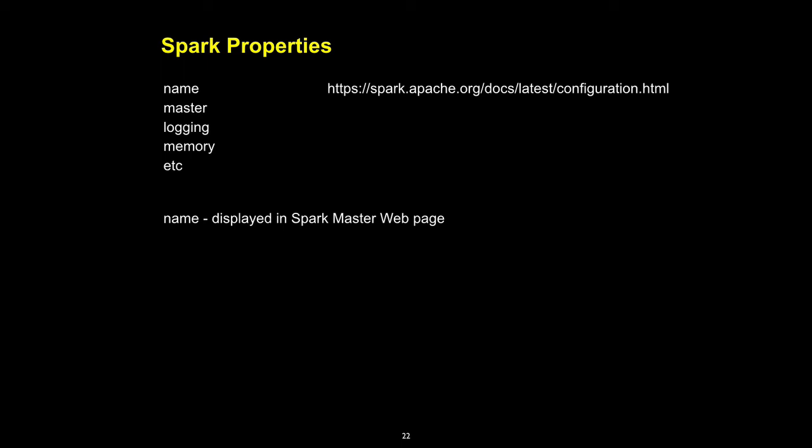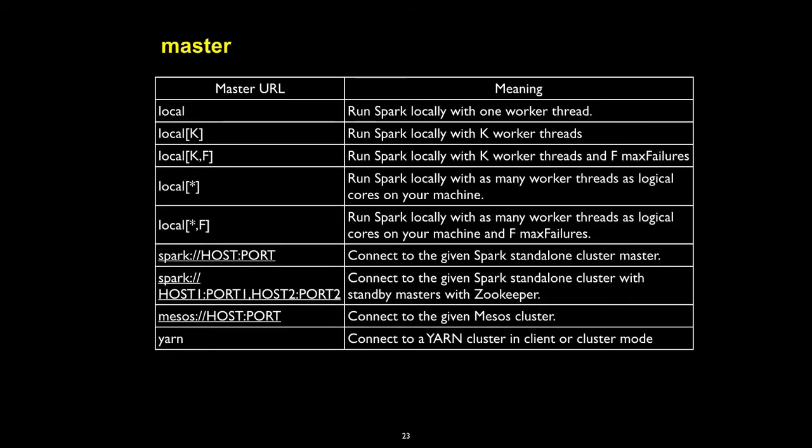Yeah, that URL gives you the list of all the properties you can set, and it's a big long list of what they all mean. The name is what you'll see listed on the web page. The URLs you can use for the master. There's a bunch of locals.